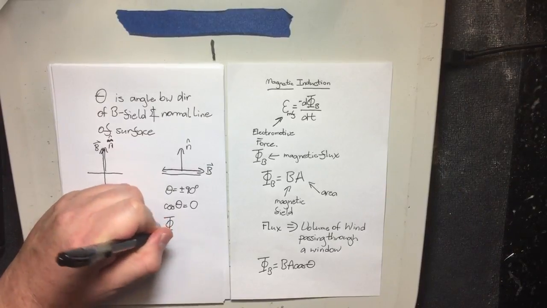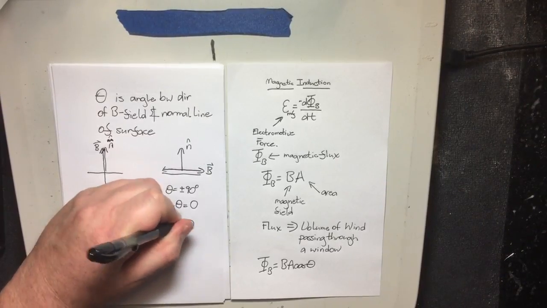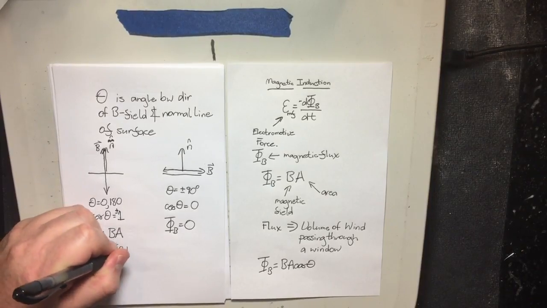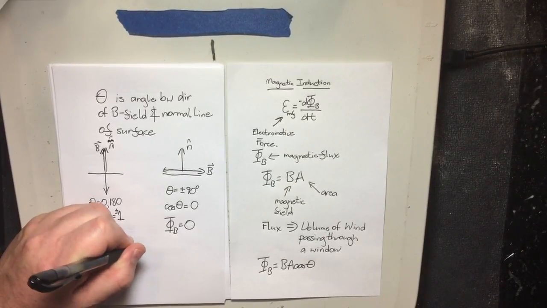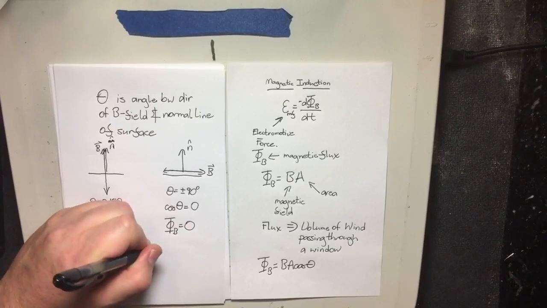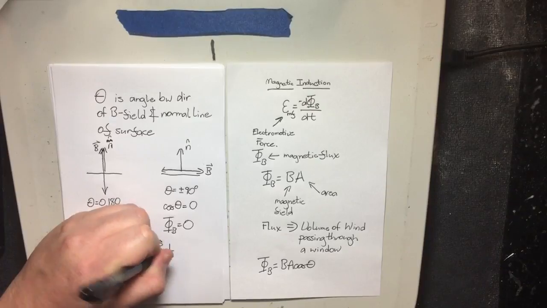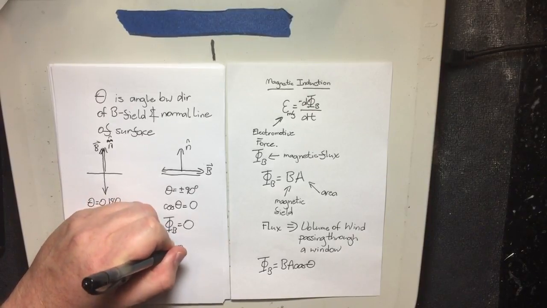So magnetic flux is equal to 0. In 214, the B field will always be perpendicular to the surface.